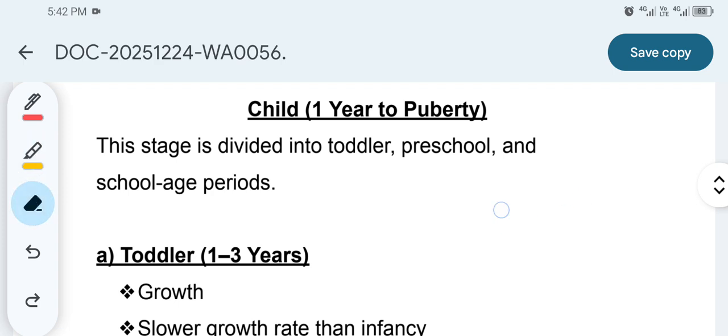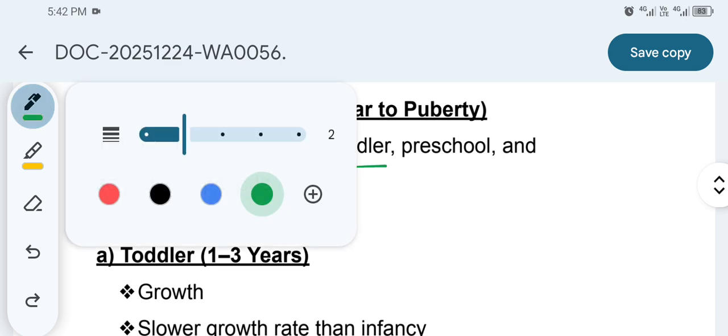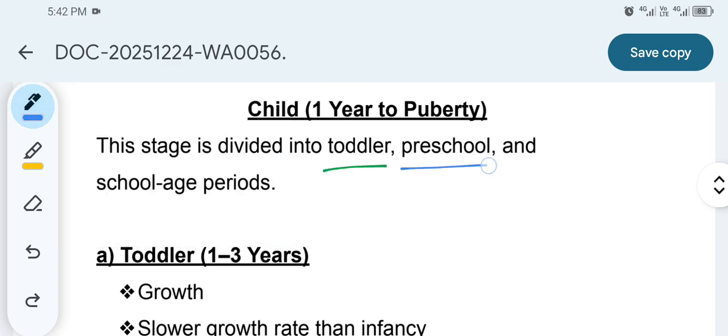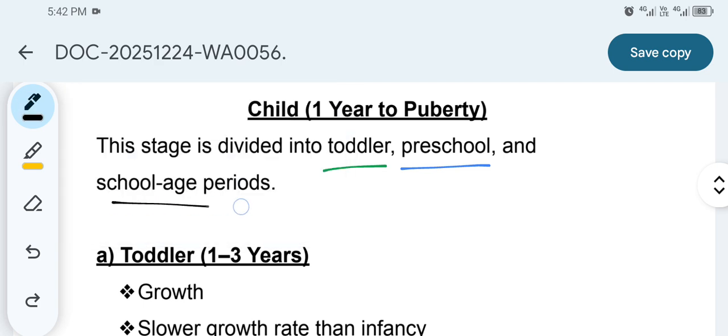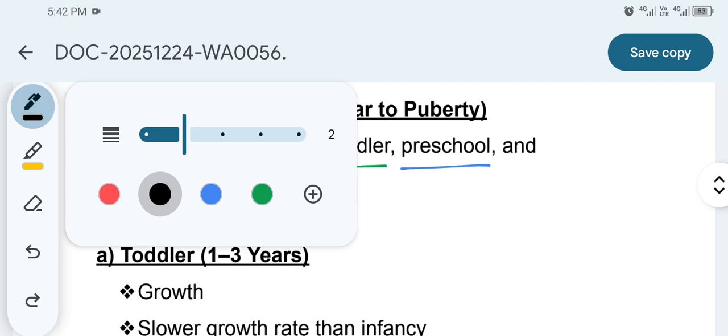That's what we are describing a child. So under child, you should be able to note that under the same child, we also have subcategories. We have a toddler, we have a preschooler, and we have the school age period. That's what we have here under the child.